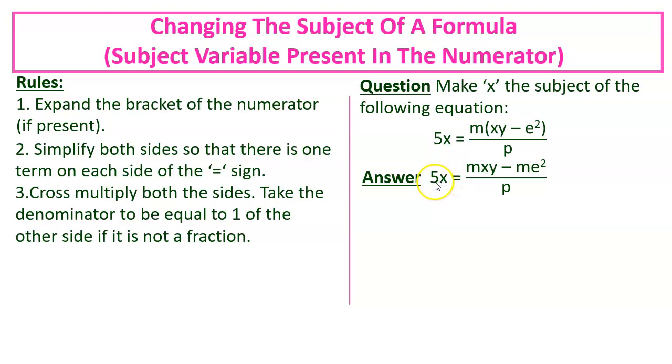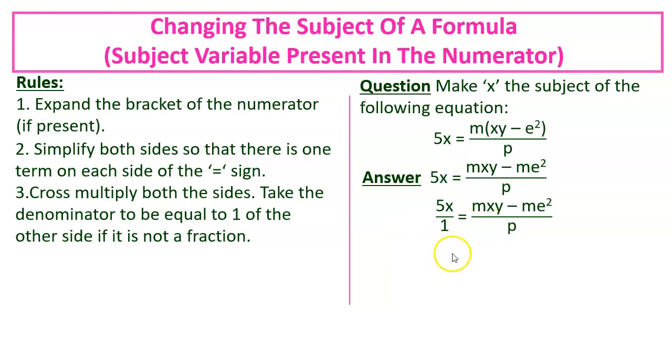But if the other side is not a fraction, like in this case it is simple 5x, take the denominator to be equal to 1 of the other side. So we will be writing 5x as 5x over 1. This is equal to mxy minus m e to the power of 2 over p.